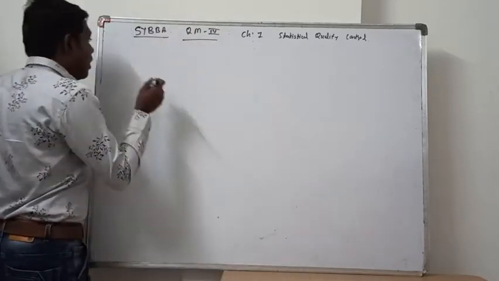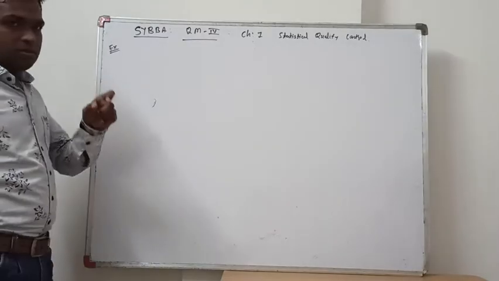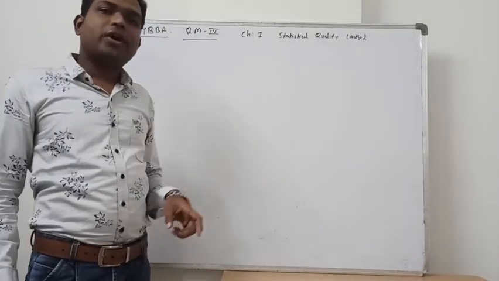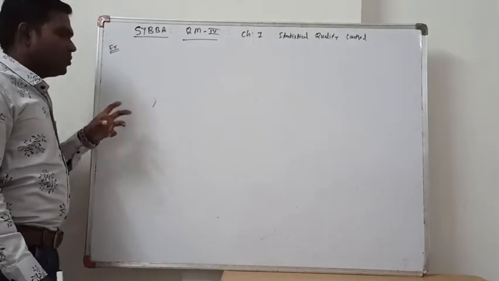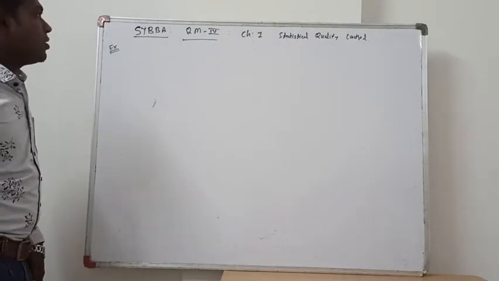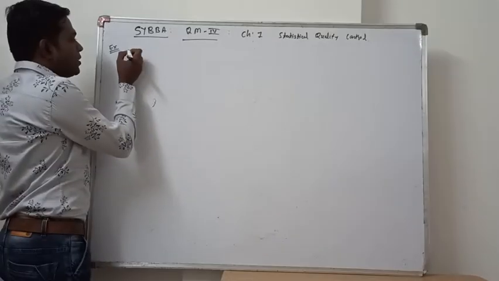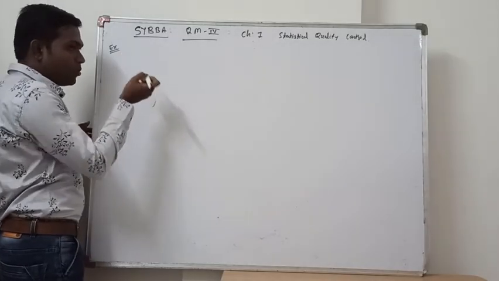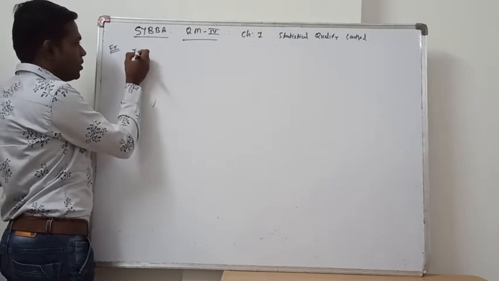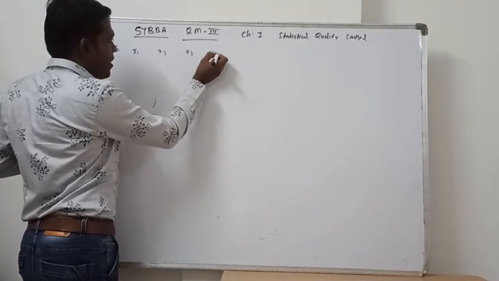Suppose over here we want to draw the R chart. At the same time we have to comment on the state of control, means whether the process is under control or not. Over here the observations are given, that is x1, x2, x3 and x4.